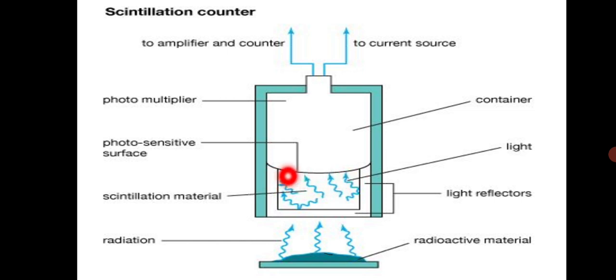This light strikes a very sensitive photosensitive surface. Inside it is fitted with a photomultiplier or amplifier, if you like, which converts this into signals that can be detected electronically.